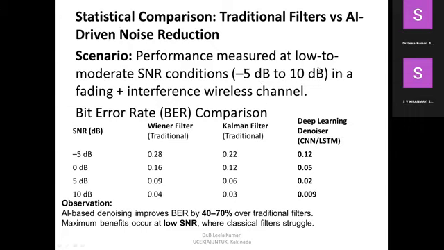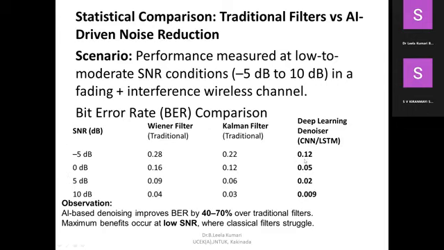I have done it under these conditions for different filters and different signal processing techniques: the Wiener filter, the Kalman filter, and also AI-based approaches, a deep learning denoiser, a CNN-LSTM approach. And see, under minus 5 dB, where the signal to noise ratio is very low, I'm getting good results under such circumstances.